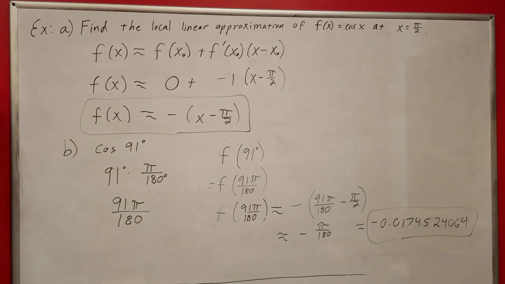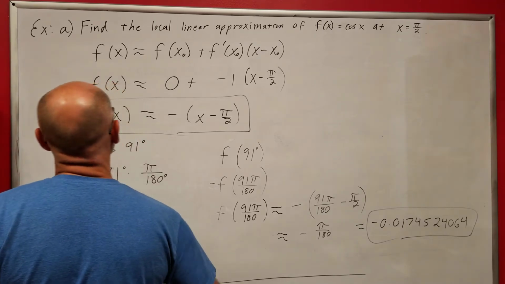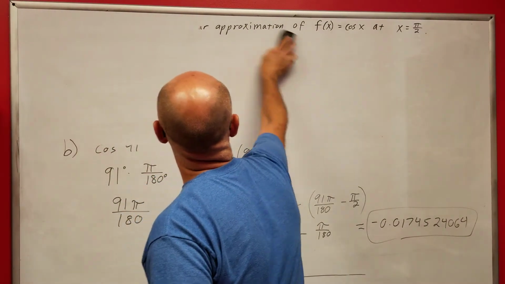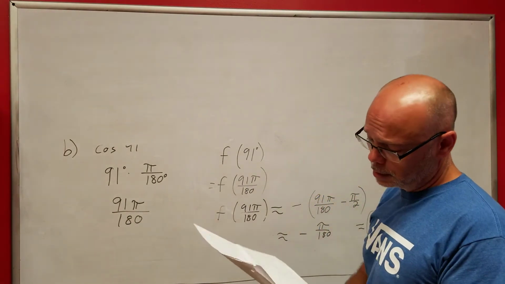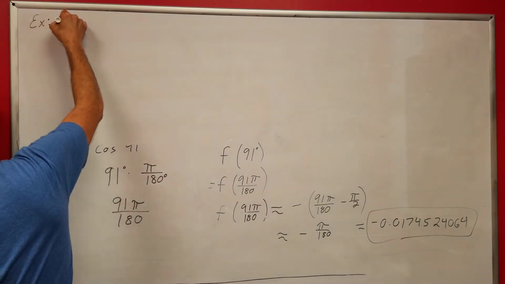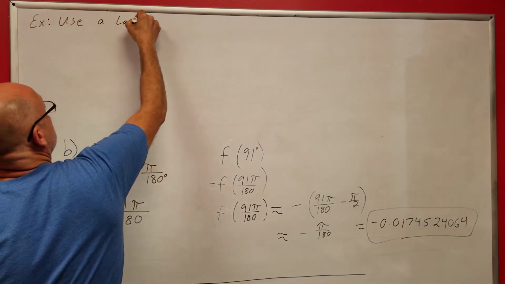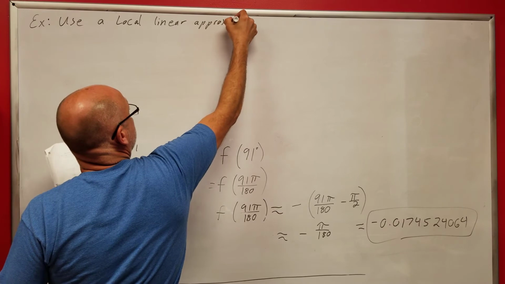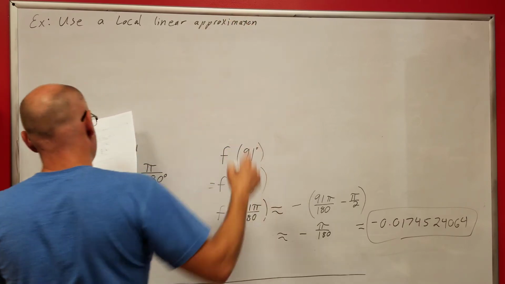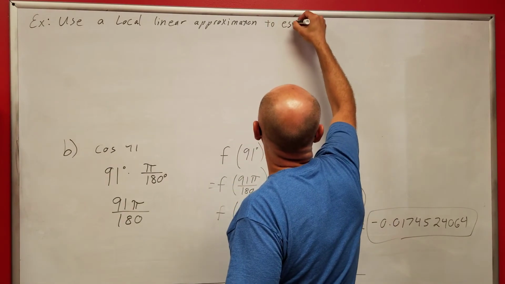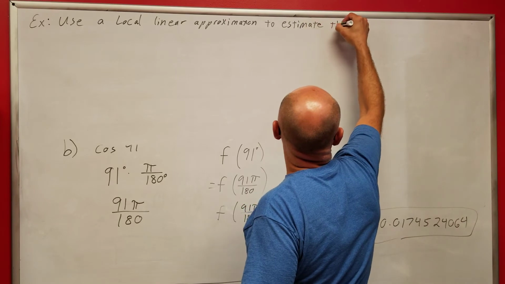All right, let's look at the next example. Actually, I'm going to take the last two examples here and merge them into one example and call it Part A and Part B, okay? So I'm going to say, use a local linear approximation to estimate the values.